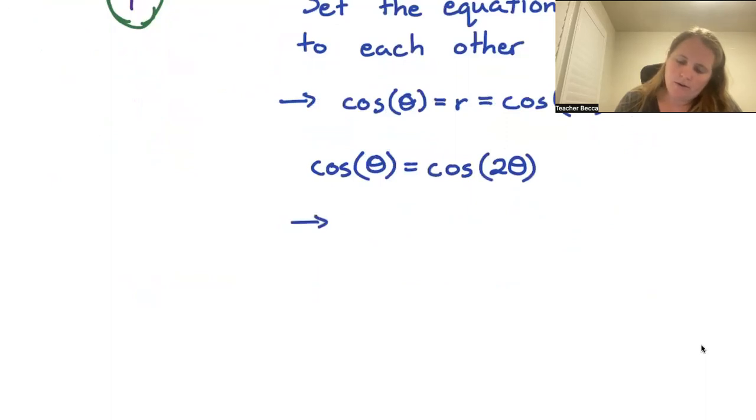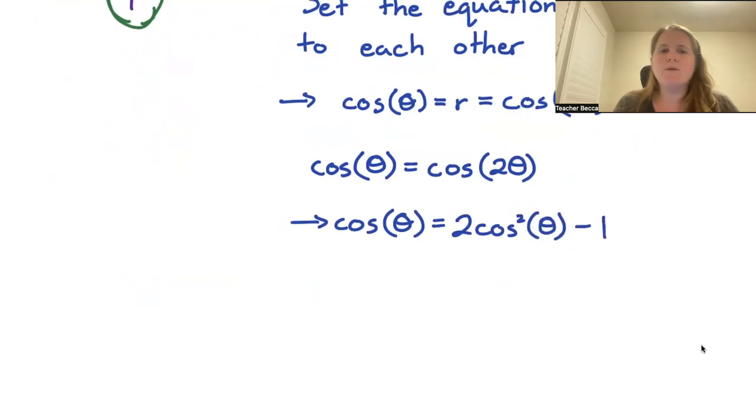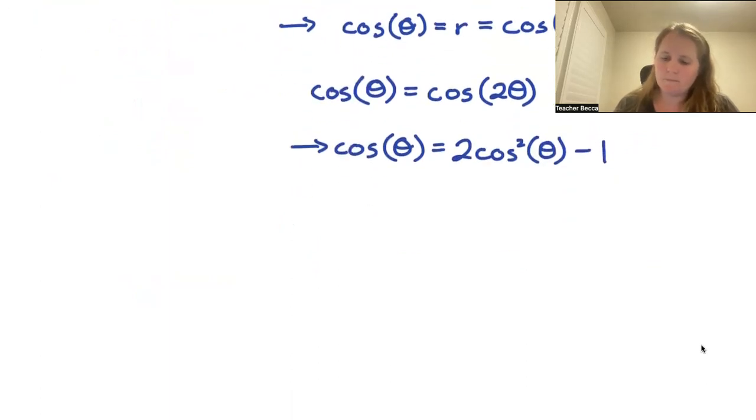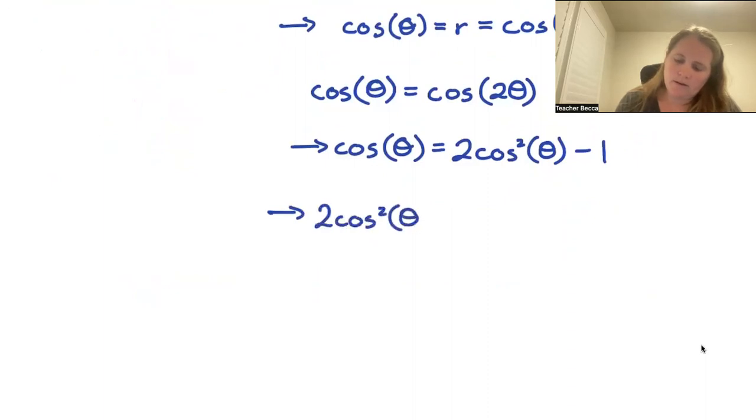or cosine of theta is equal to 2 cosine squared of theta minus 1. That's our double angle formula for cosine. This gives us that 2 cosine squared theta minus cosine theta minus 1 equals 0.